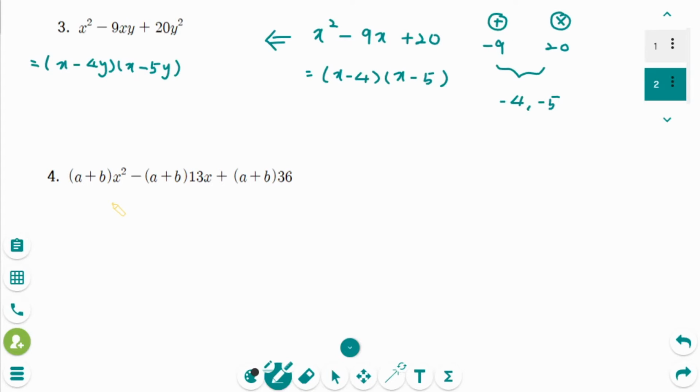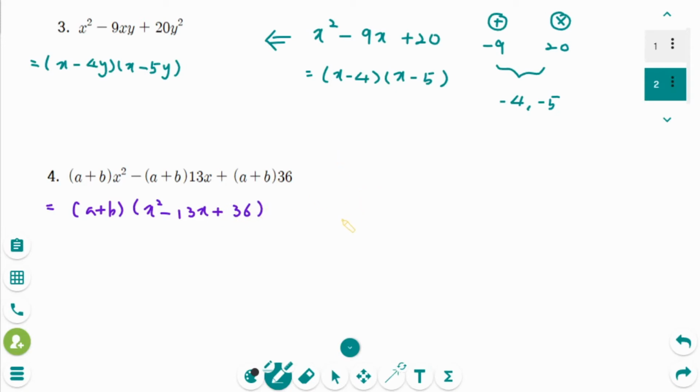This is number 4. The greatest common factor is a plus b. So factor out a plus b. Then inside the bracket is x squared minus 13x, then plus 36.